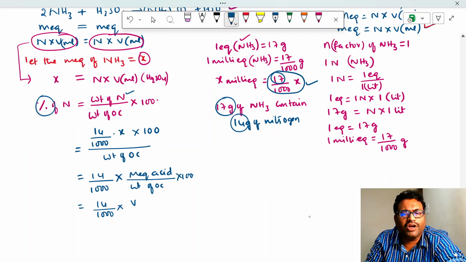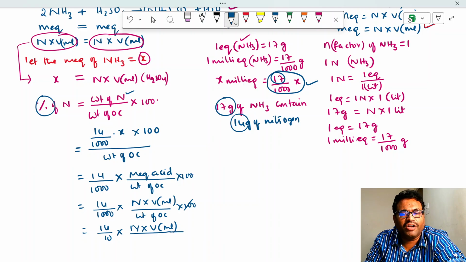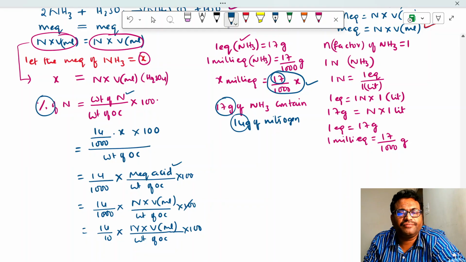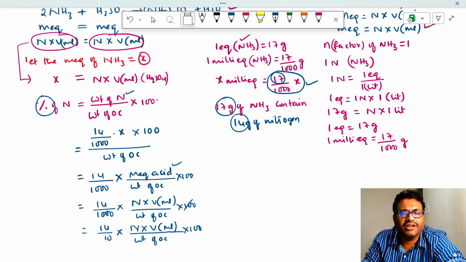Milli equivalent means normality into volume in ml, by weight of organic compound. Weight is nothing but mass. So if you cancel these two, then what you get? 14 by 10 into normality into volume in ml of the acid, by weight of organic compound. Into 100 will not be there. Already 100 cancelled.